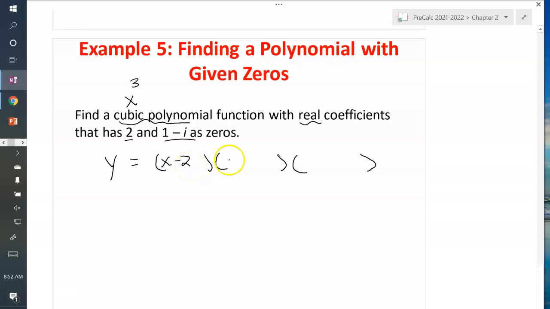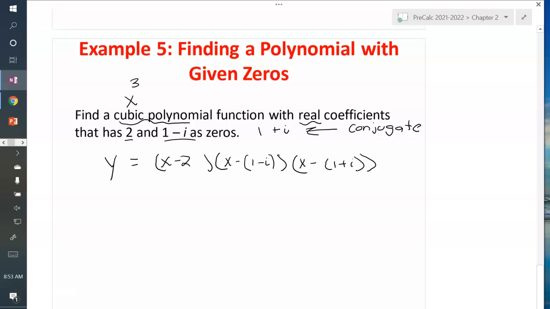Second 0 is x minus (1 minus i). Now I need to get another one. And my 1 minus i has to come as a pair. You've got to use the conjugate. So my third 0 is going to be 1 plus i, because that's the conjugate. So this is x minus (1 plus i).